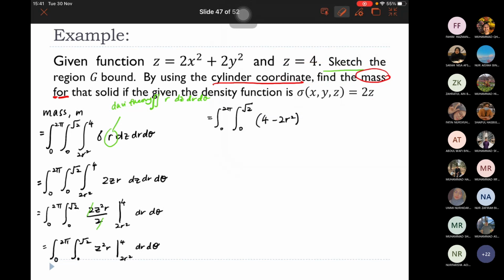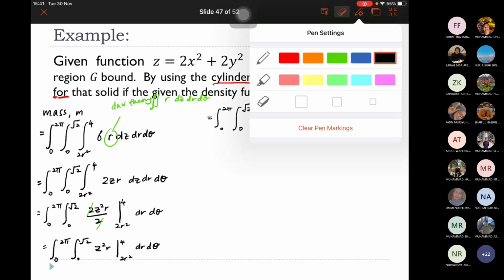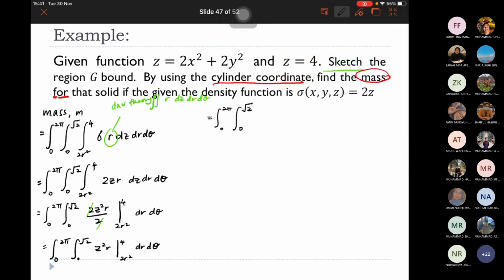Silap. Okay. Dia akan jadi 4 kali 4, 16 R, tolak dengan 2 kuasa 2, 4 R kuasa 4, R kuasa 5. Okay.